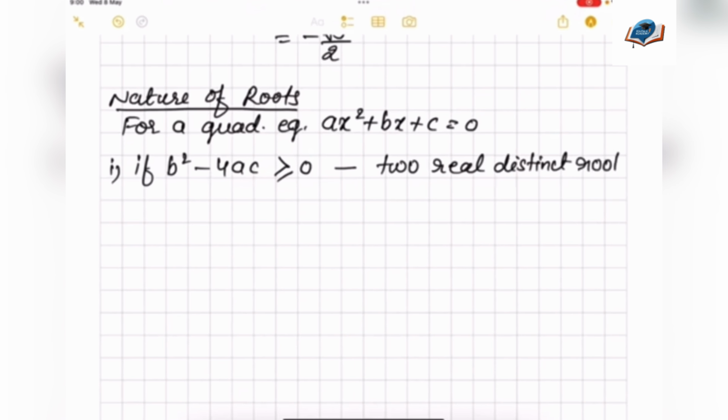So here I will have two different values of the roots.